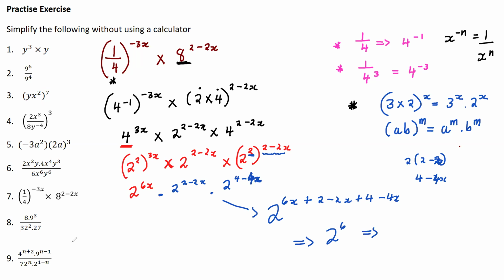All right, everyone says I get 2 to the power 6. And just so you may know, 2 to the power 6 is actually the value 64. So I'm good with that. 2 to the power 6.